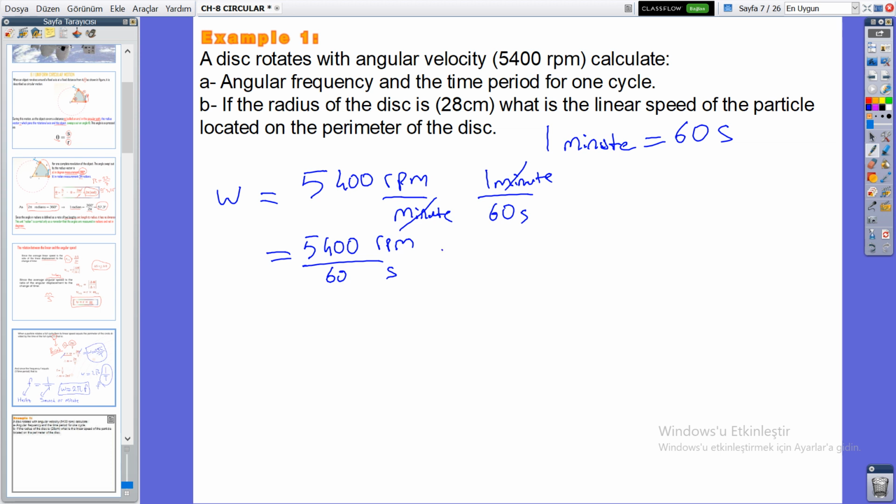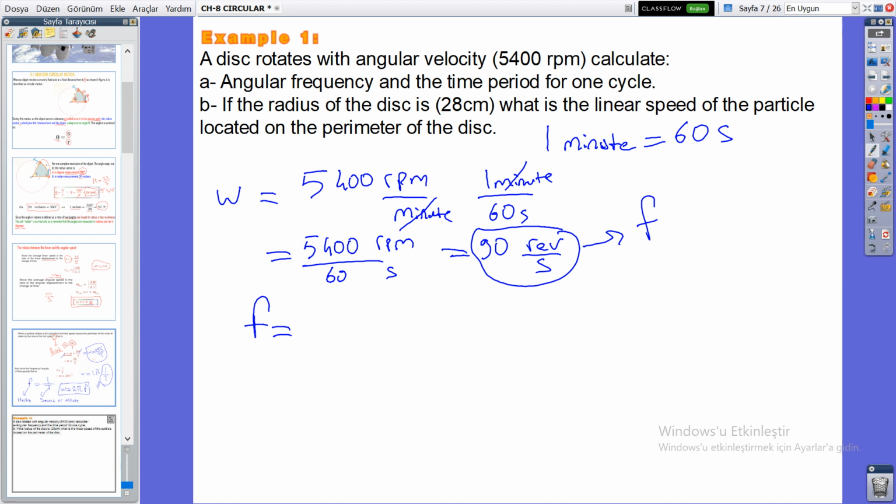This equals 90 revolutions per second. This revolutions per second means frequency. The question is asking for the frequency and the time for 1 cycle.